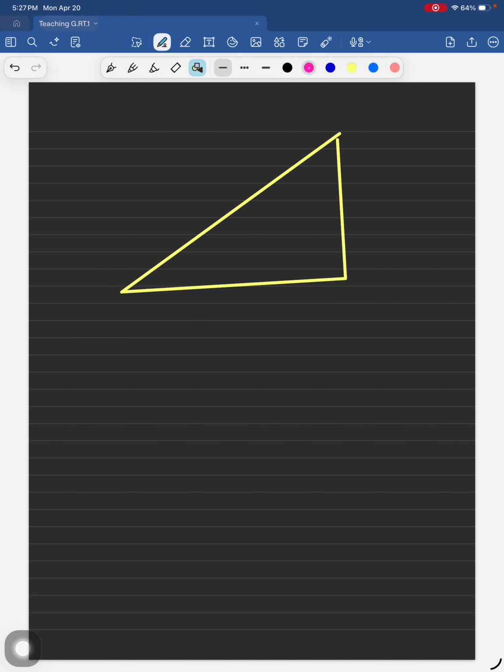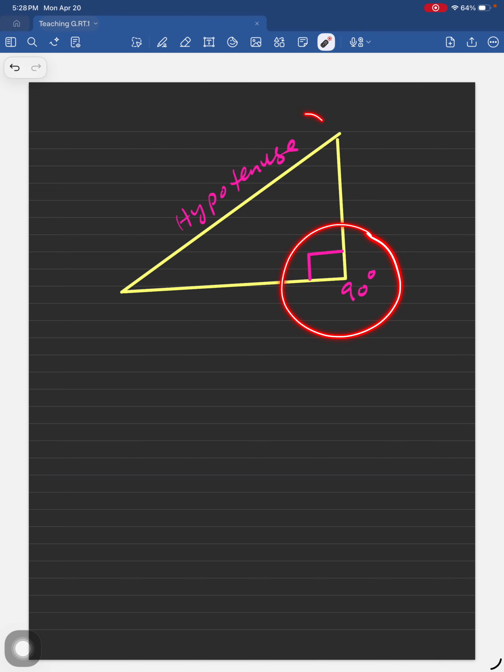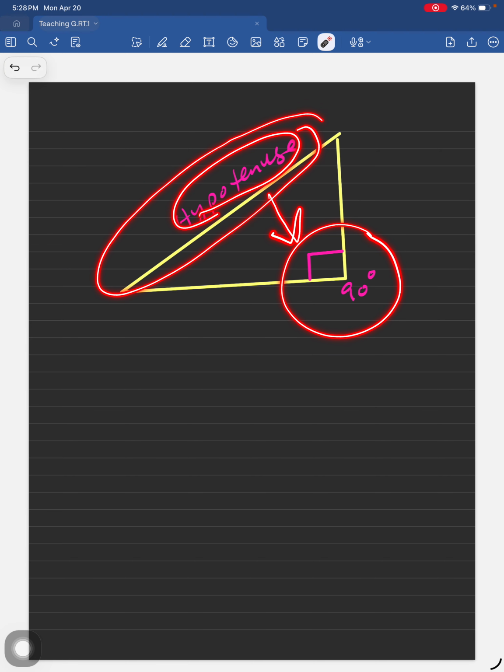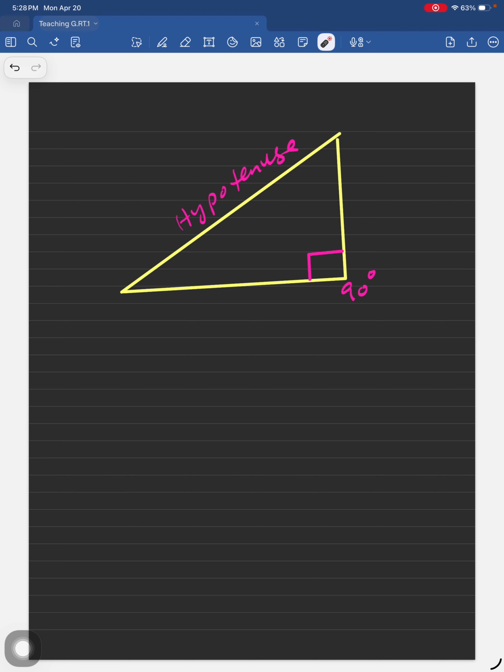If we suppose that this one is the 90-degree angle and this side is the hypotenuse, the biggest side, then we have leg 1, for example, and leg 2.